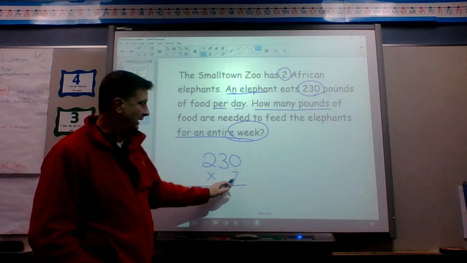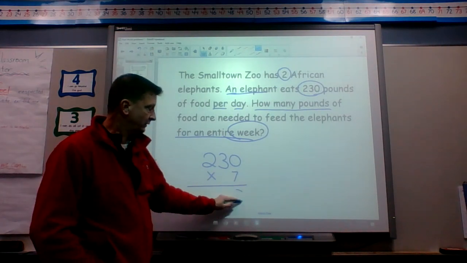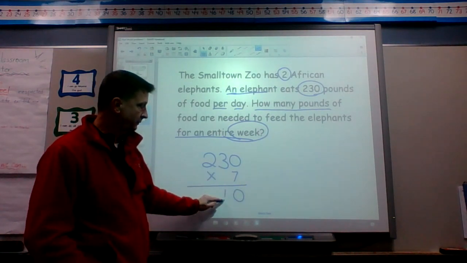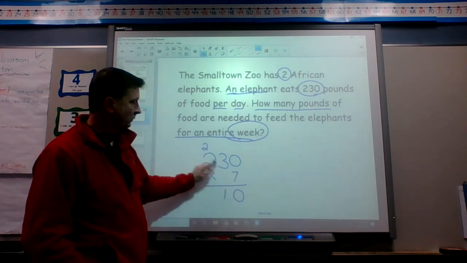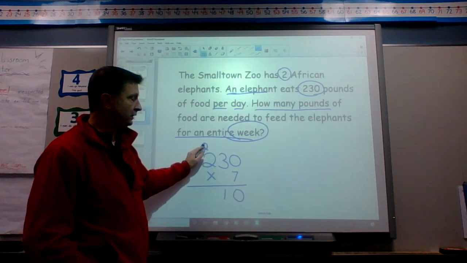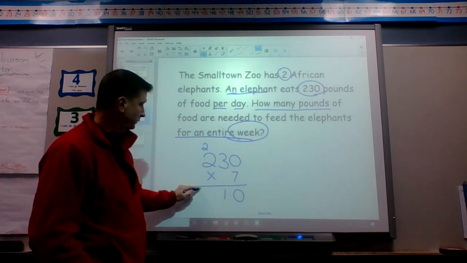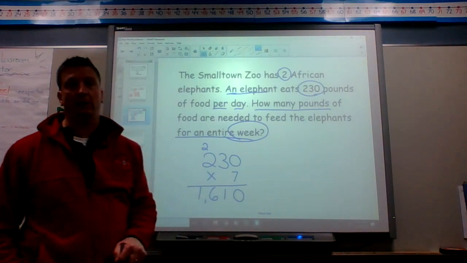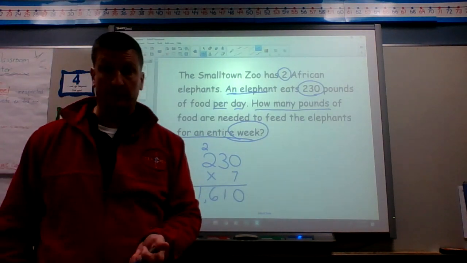So I'm going to multiply 0 times 7 is 0. 7 times 3, 21. 7 times 2 is 14. And then I have these 2 more. So that makes 16. So 1,610 pounds in a week of food.